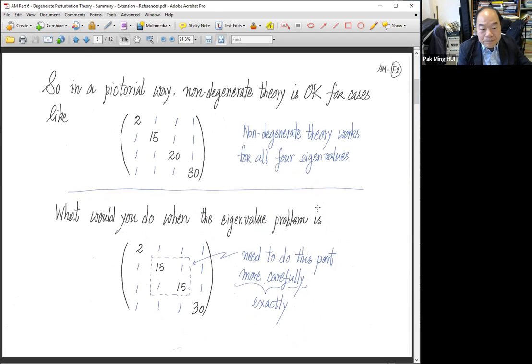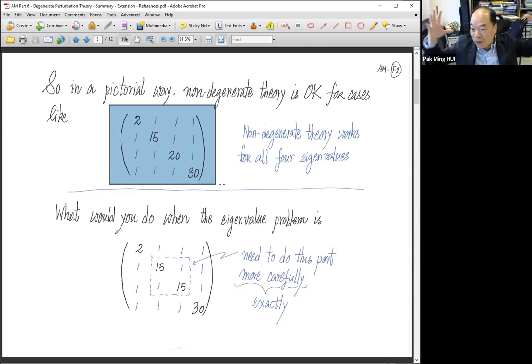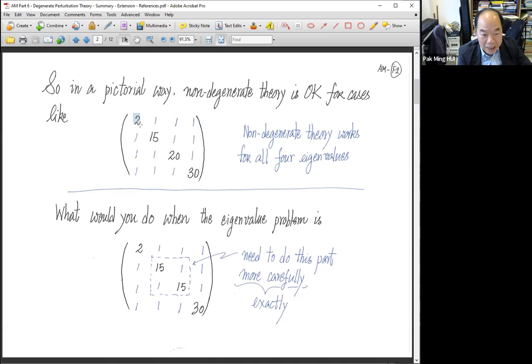So in a pictorial way, what we discussed so far about non-degenerate theory works for the following situation. Let's say we have a 4x4 matrix like this. Usually we have infinite by infinite, but just 4x4 here. Now, immediately you see the diagonal part.